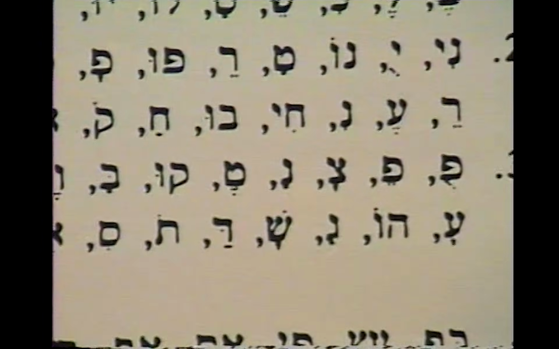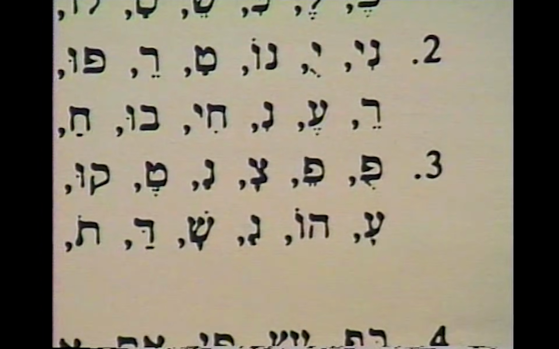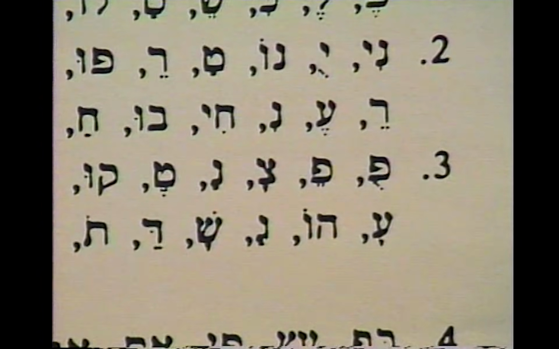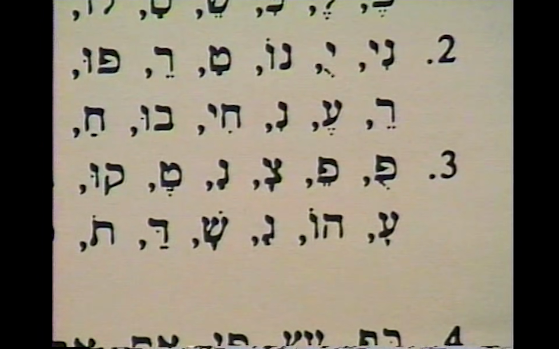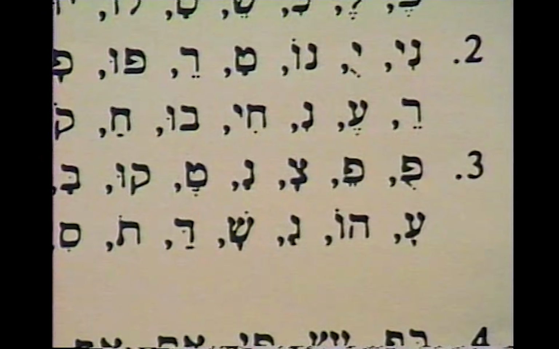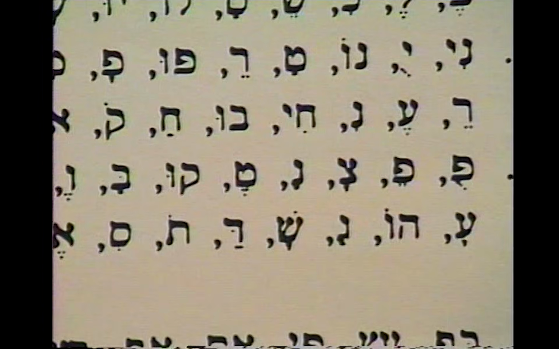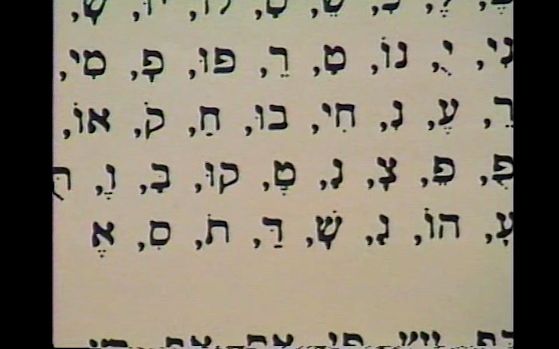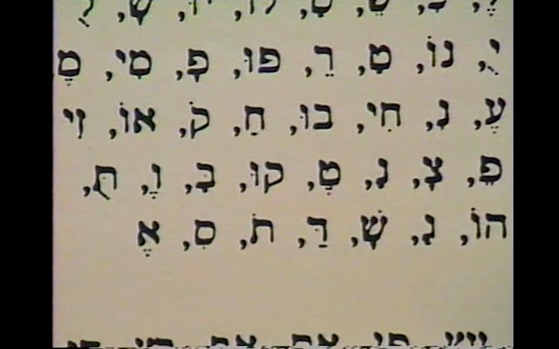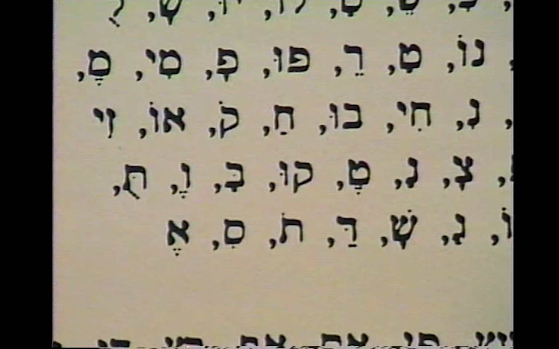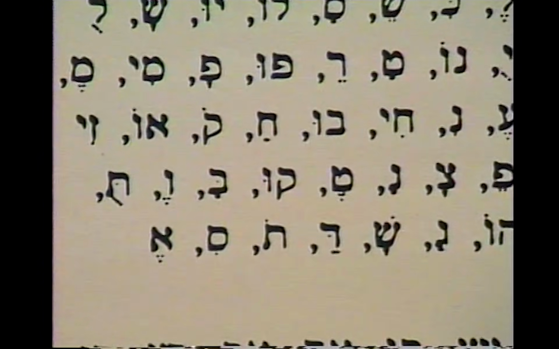Next line. A, ho, ga, sha, de, to, si, a. Now, as you can see, these are all open syllables.